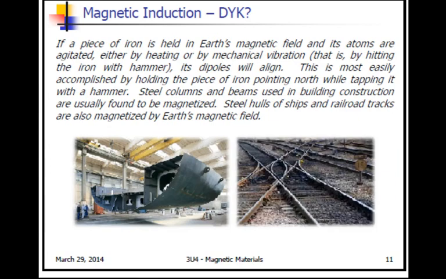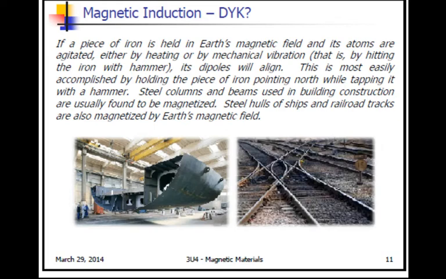Here's a Did You Know. It says if a piece of iron is held in Earth's magnetic field and its atoms are agitated, either by heating or by mechanical vibration, its dipoles will align. We see this as well if we have iron filings in a magnetic field on a sheet of paper.